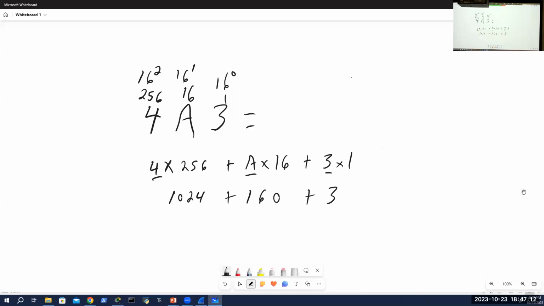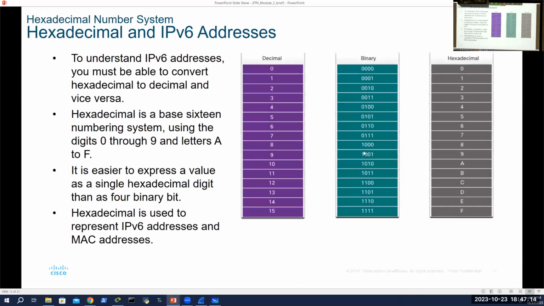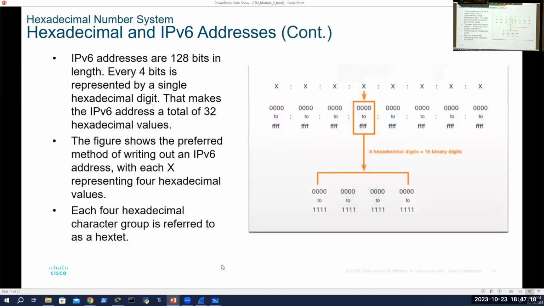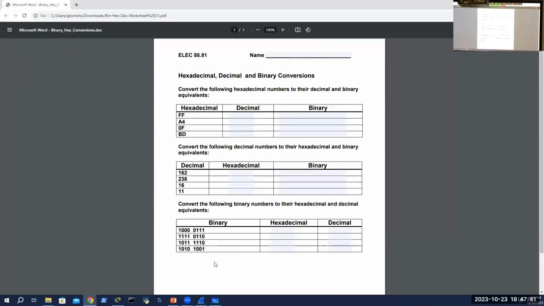So I'll bring up that one. Let me see what the next slide is. That's just showing you IPv6, which I'll look at in a second. But let me bring up the worksheet for binary, hex to decimal, just to show you what is in that, and show you that it's not that big a deal.